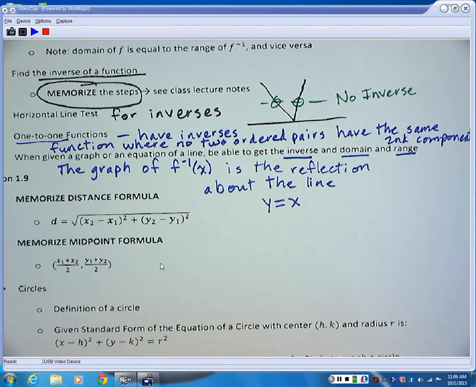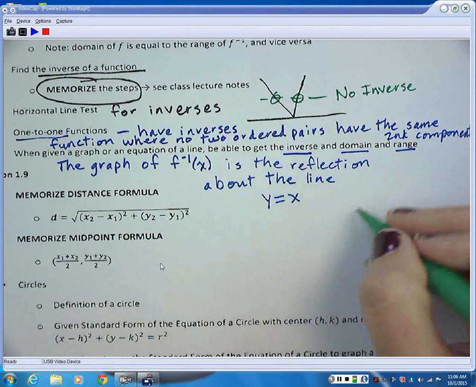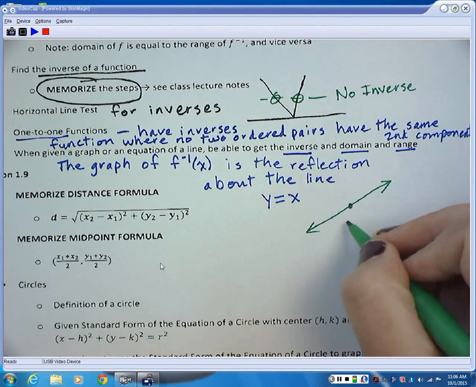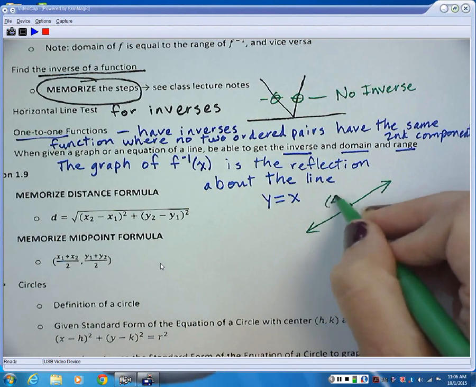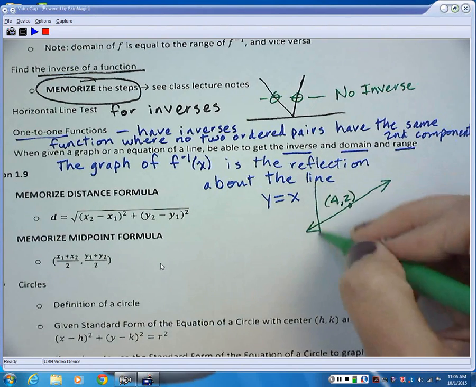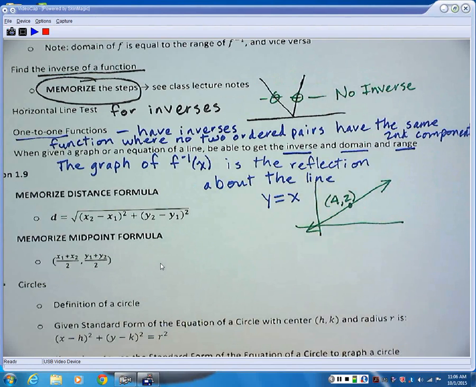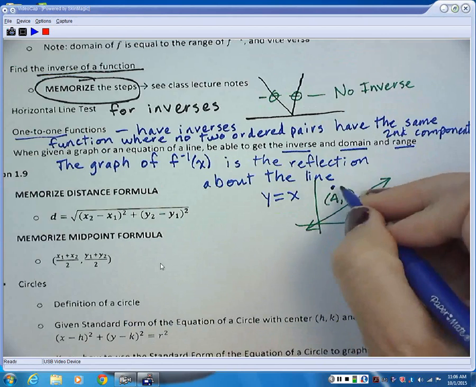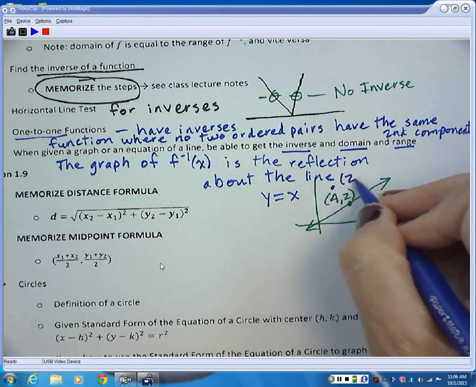And when we were graphing, if we have a line here, and this is, say, 4, 2, then the inverse will have 2, 4 in it.